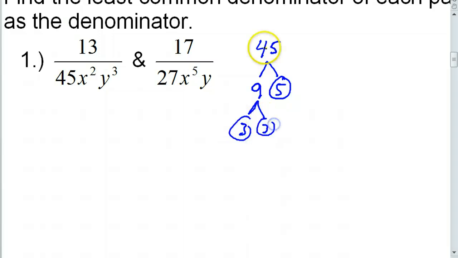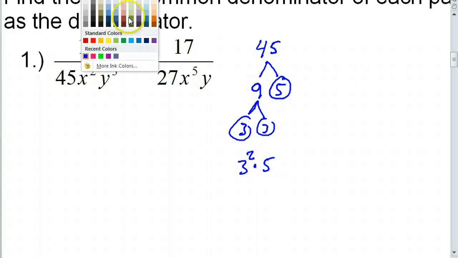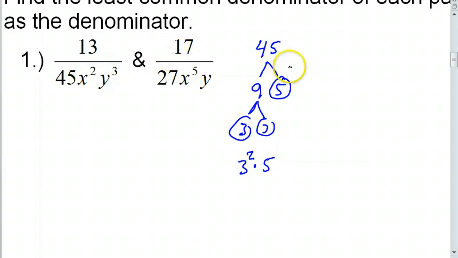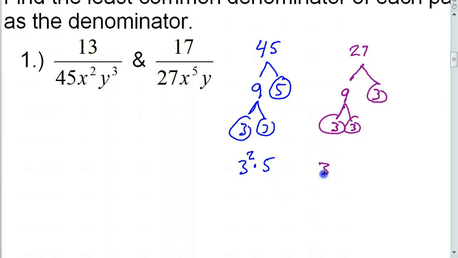So the prime factorization of 45 is 3 squared times 5. And then, of course, 27 is simpler than that. Because what's 27? Right, 27 is 9 times 3, and 9, of course, is 3 times 3. So that's 3 to the third power.